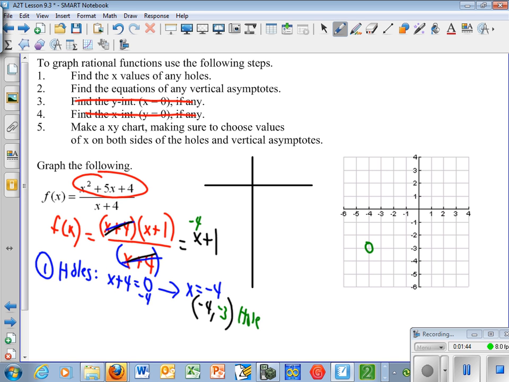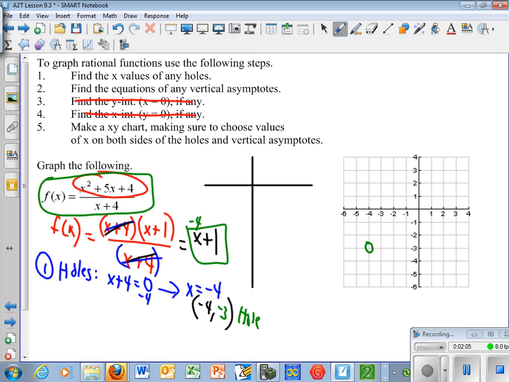Okay? Now, when we plug this into y equals, you can do one of two things. I'm going to show you both ways. We could either plug in before we simplified, factored and canceled, or you can plug in the simplified one at the end. Now, with holes, it's not going to show you that.